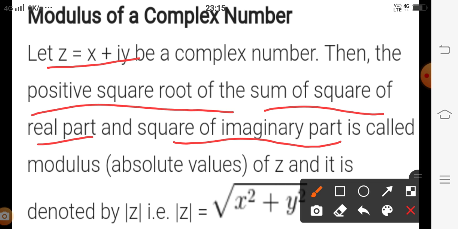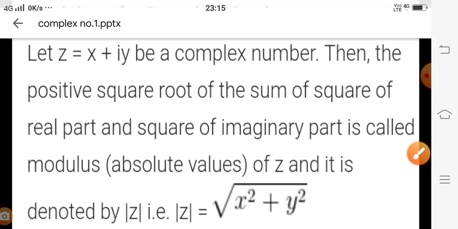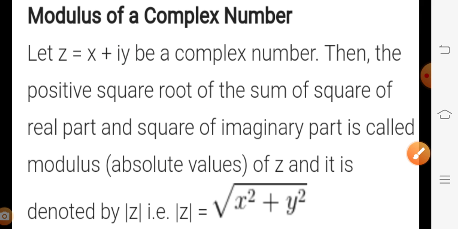If you are squaring the real and imaginary parts under the square root and then adding, that value is the modulus of the given complex number, represented by mod z. Then mod z is equal to under root x square plus y square for this complex number x plus iy.